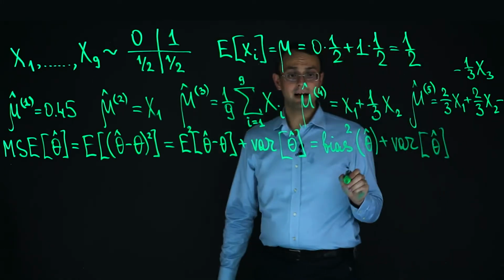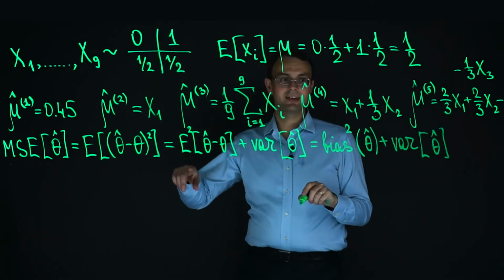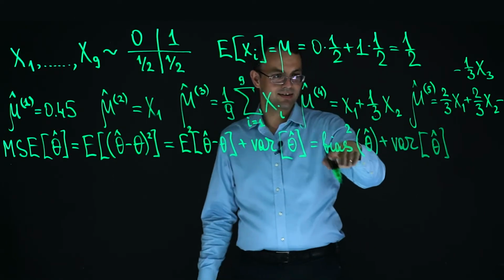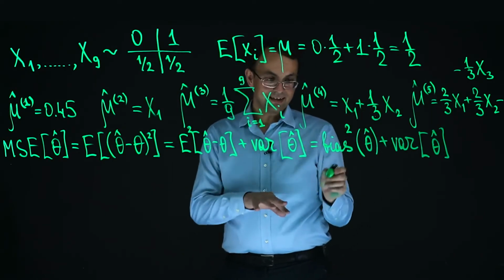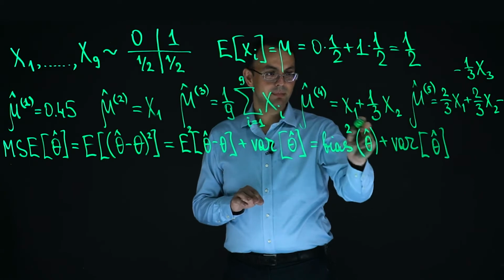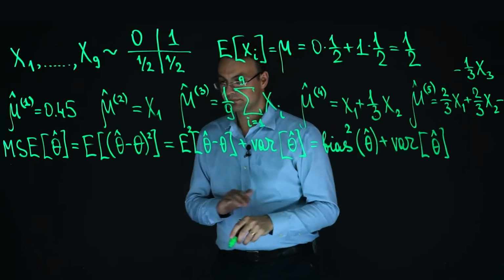So for unbiased estimators, MSE is equal just to variance, as bias is 0. For the biased ones, it is squared bias plus the variance.